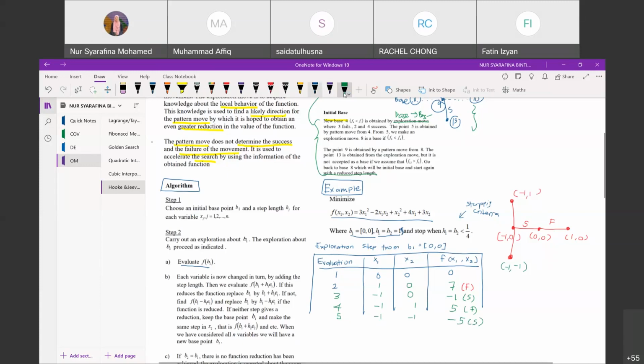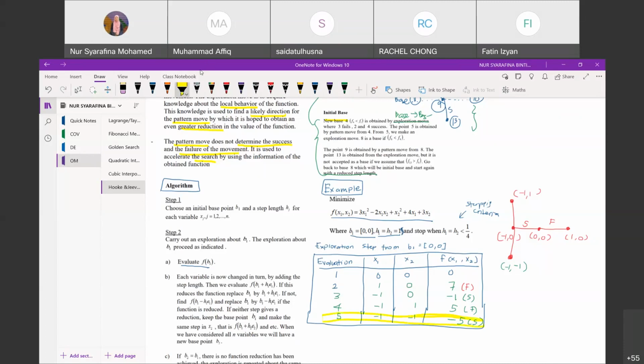So this is your evaluation in the first calculation, in the first iteration here. As you can see, which value of the function is the most minimum? Because this is a minimized function, right? It is minus 5 here, right?